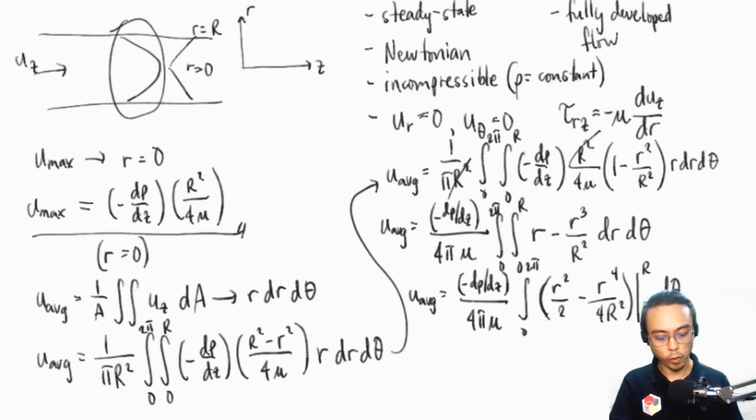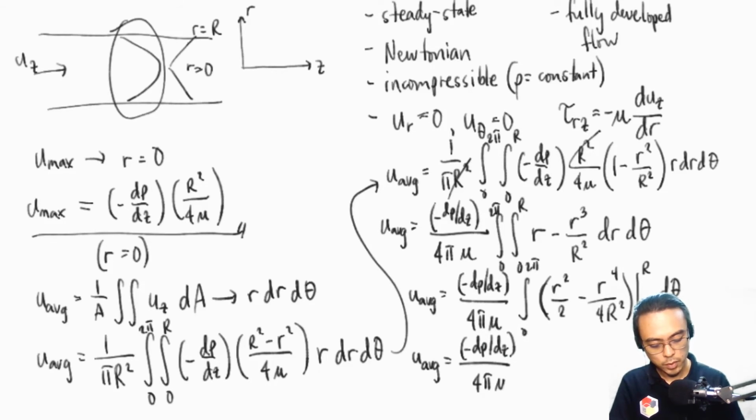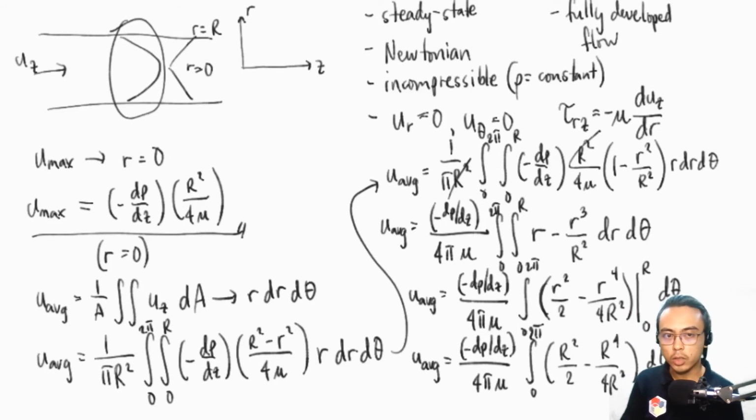Substituting big R for small r, we now have the average velocity equal to negative dp over dz over 4 pi mu times the integral from 0 to 2 pi of big R squared over 2 minus big R to the fourth over 4 big R squared d theta. Take note that that is d theta.